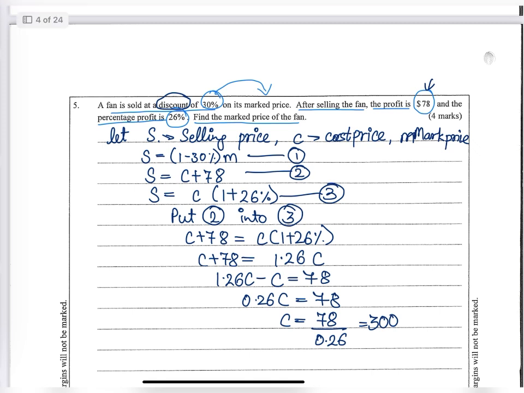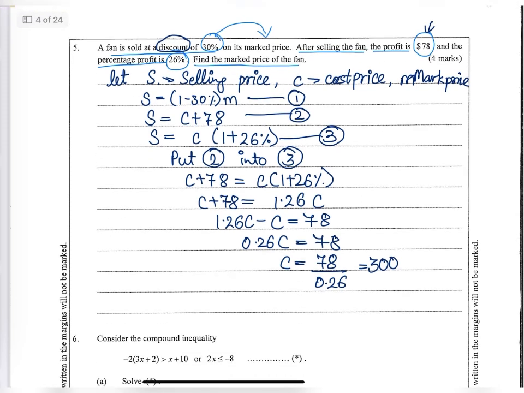Now we can substitute the C value in equation 2. So we'll get a selling price of $378, and to find the mark price, we can substitute S in 1. Then we'll get it.